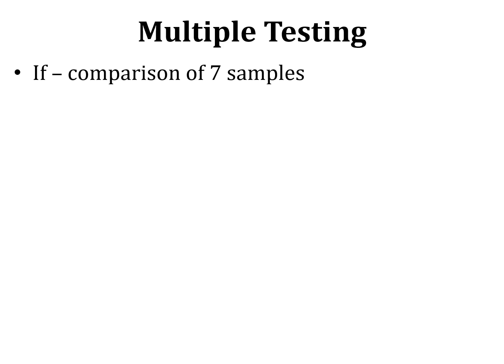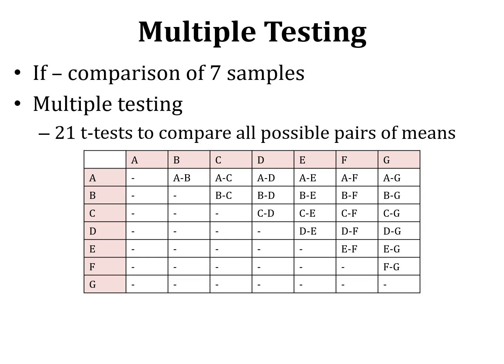But here we have 7 samples that need to be compared with each other for their mean values. So how many tests are you going to do? You need 21 t-tests to compare all possible pairs of means, because the possible number of pairs of means is 21.